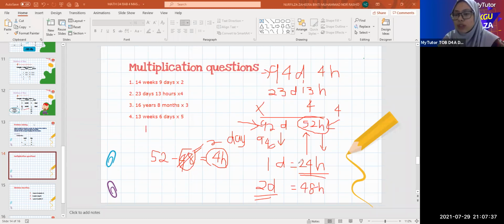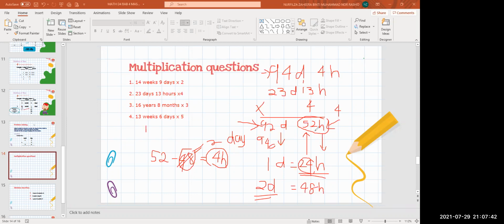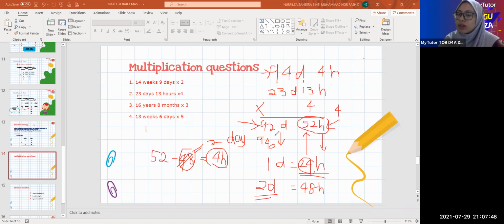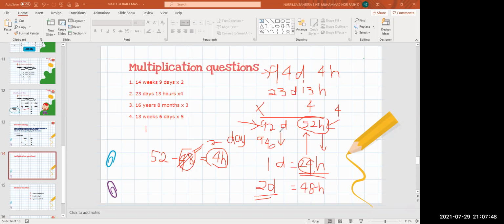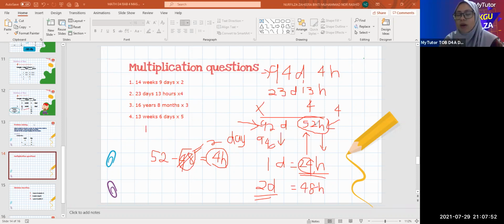You cannot have more than 24 hours in your answer. Faham? If you have more, you tukar jadi days. If you have more lagi, tukar lagi jadi days. Until your answer dekat hours ni kurang daripada 24. Because satu hari is equal to 24 hours.